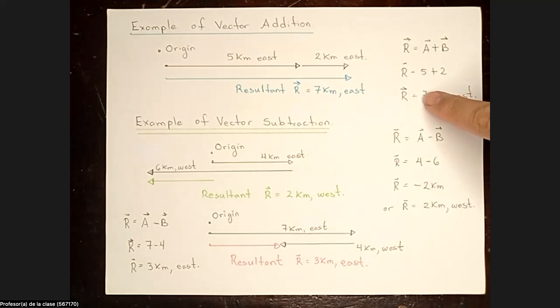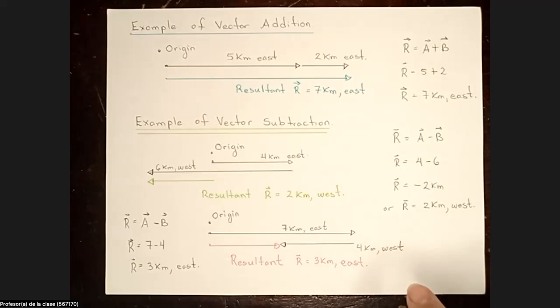This minus will be west. This plus in front of 7 will be east. That will be our convention with a sign and a particular direction that I choose. So positive will be east, negative will be west.